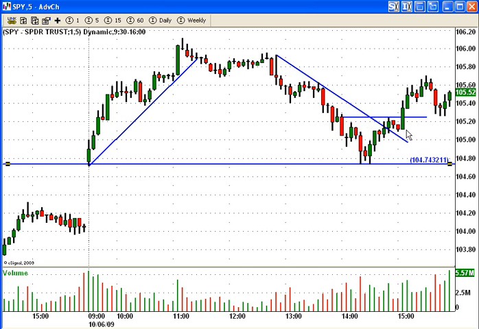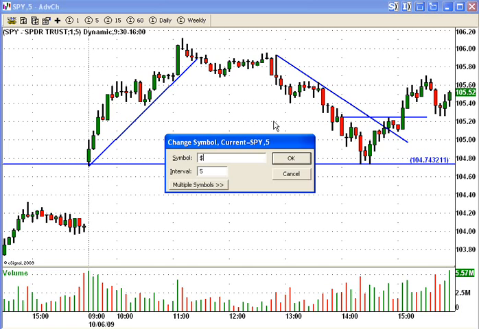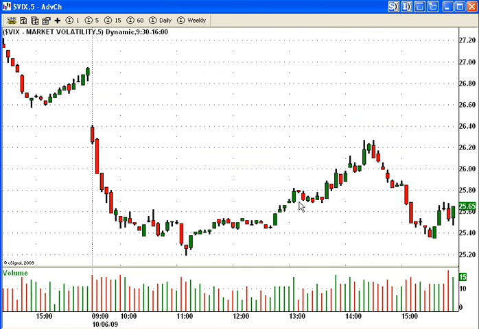Now, what's interesting about this move right here, I'm going to tie this change of trend in with the VIX. Okay, so that's how you actually draw the short-term change of trend, or for that matter on any time frame. I'm going to bring the VIX into the picture here, and what we're going to remember is this 12:30 window here.